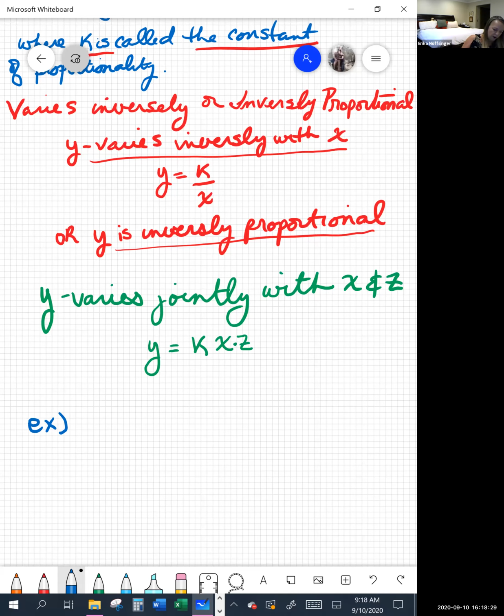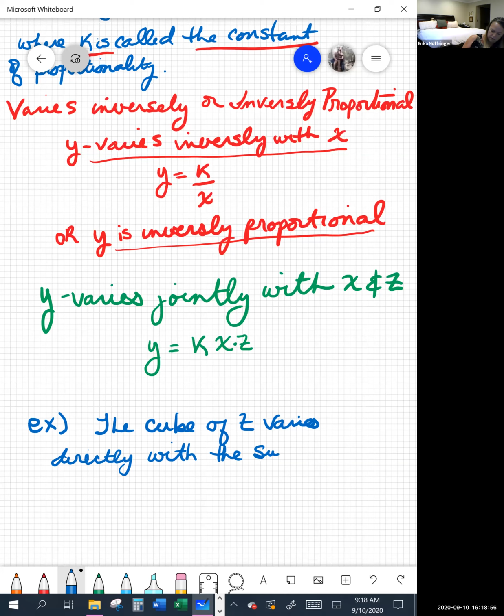So let's say you have the following. It says the cube of Z varies directly with the sum of the square of X and Y. In these problems, we want to write a general formula that describes each variation.